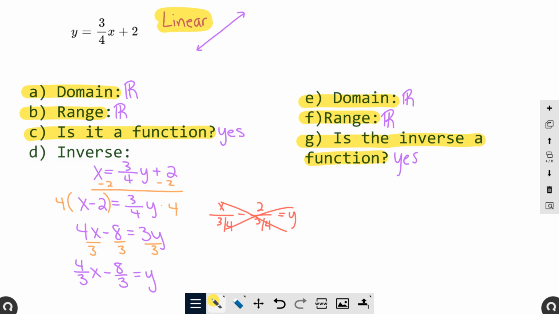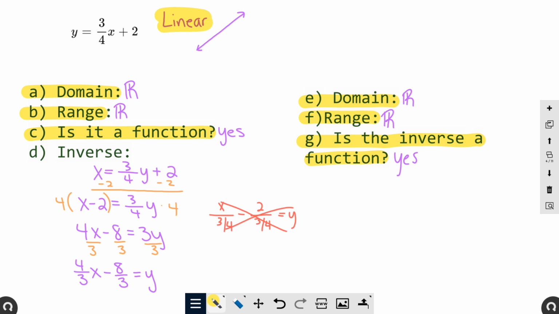And it is always a function. Its inverse is always a function. Those are things that are always the same. So if you see a linear problem on tonight's homework, you have 6 answers done. The only one you have to worry about is doing the math to actually find the inverse equation. Switch x and y and solve for y.